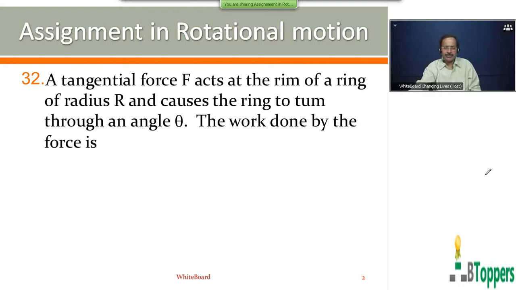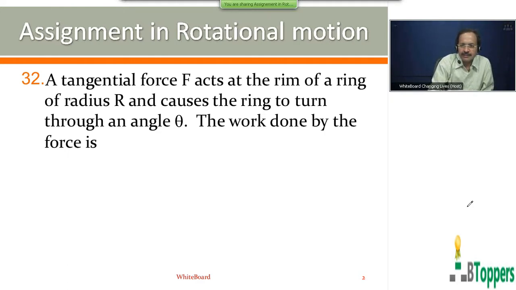See the next question, question number 32. The tangential force F acts at the rim of a ring of radius r and causes the ring to turn through an angle theta. The work done by the force is.